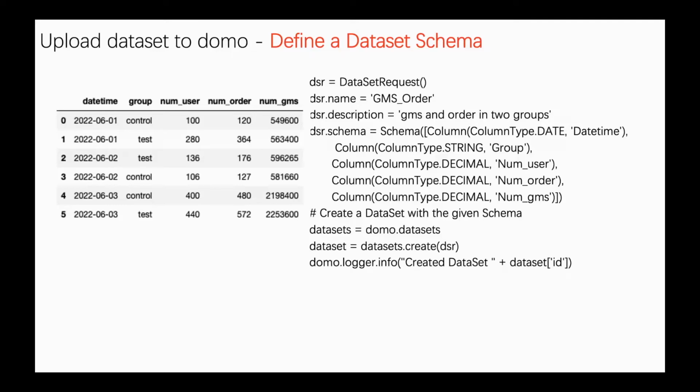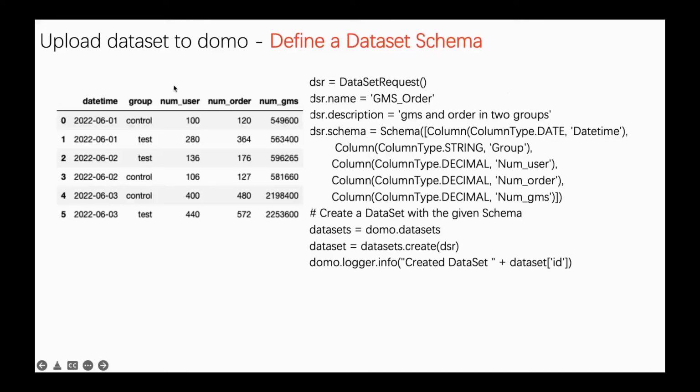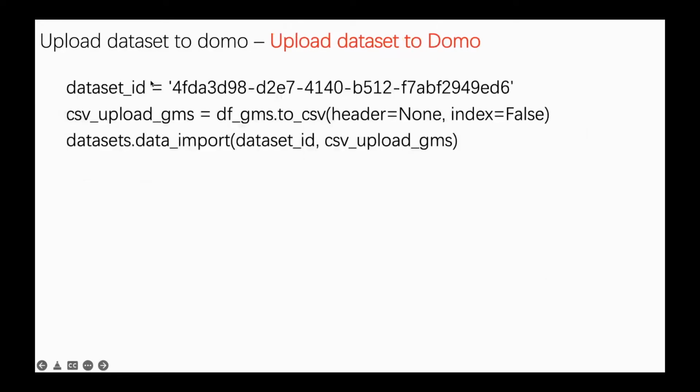After we have created the dataset in Domo, you can get a dataset ID. For example, for the dataset I have created, the ID is this one.